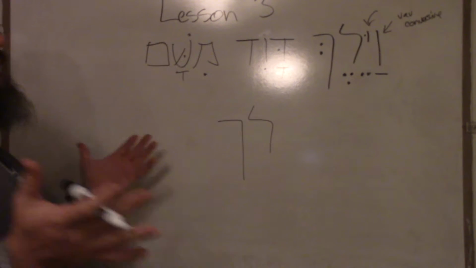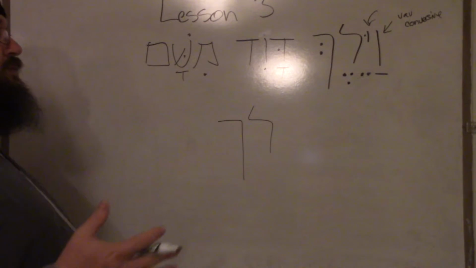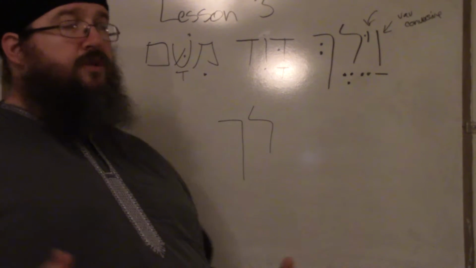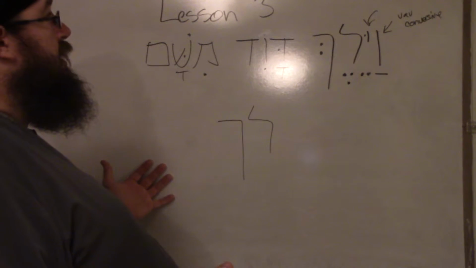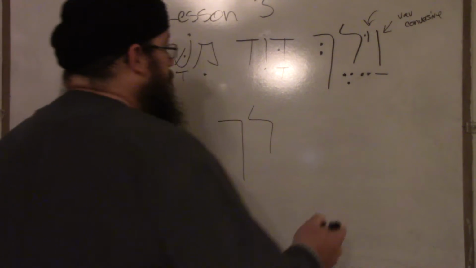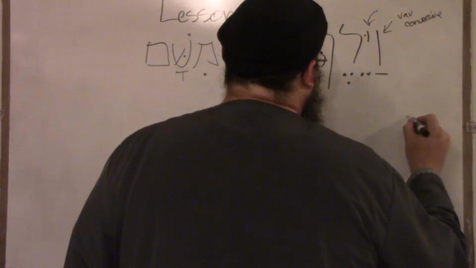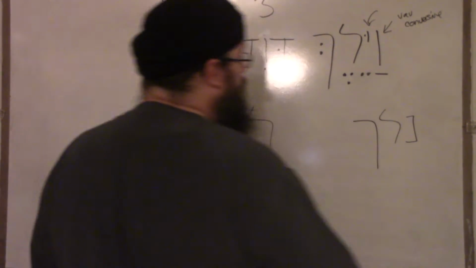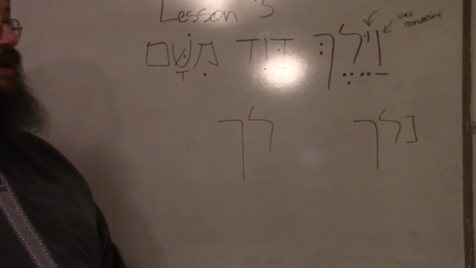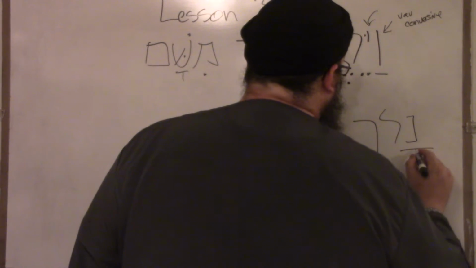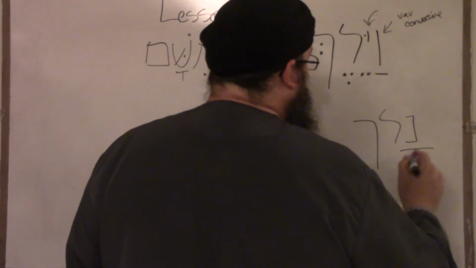So, where's the root? I want to teach you a little rule about how to find roots when you don't know what root it is that's missing. So we kind of have a list of roots that we'd be looking for. Number 1, we're going to look for the root that has the nun in the first place.